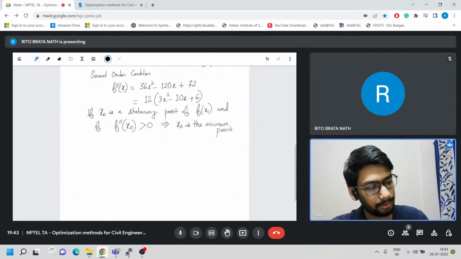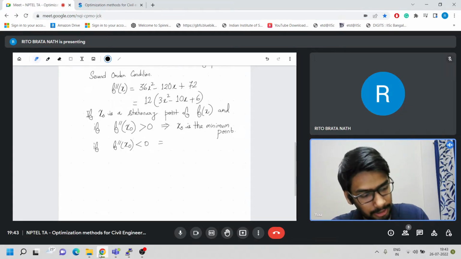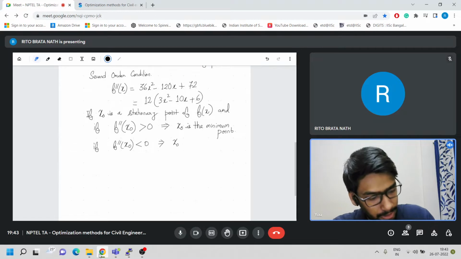On the other hand, if f double prime x naught is less than 0, then it will tell you that x naught is the maximum point.